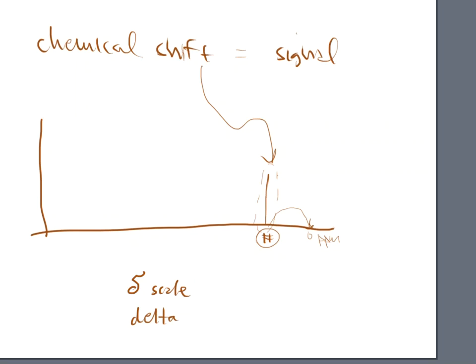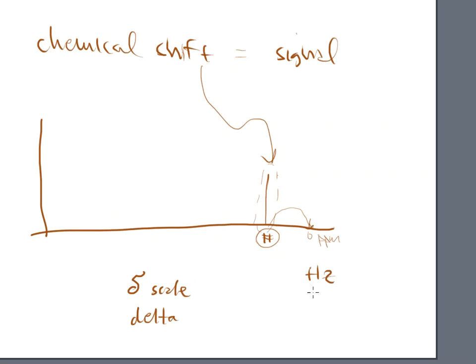So the chemical shift is determined by measuring that distance, right, between the TMS and this number that we are referring to. This is a delta scale, but actually, I've already told you, NMR is very similar to a radio frequency, and this can be measured in terms of hertz.